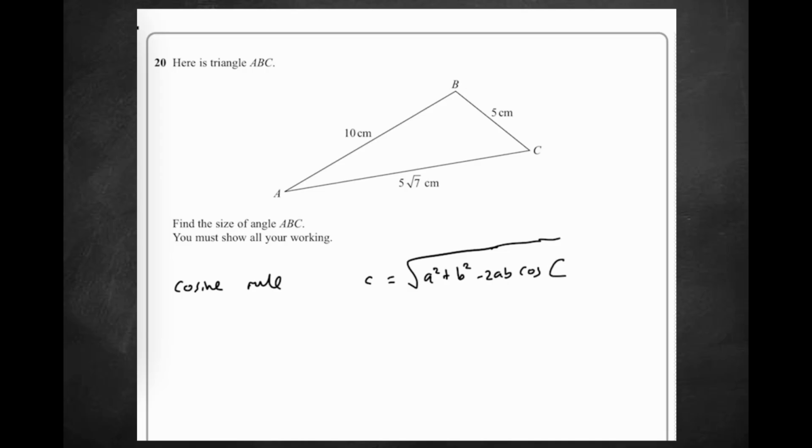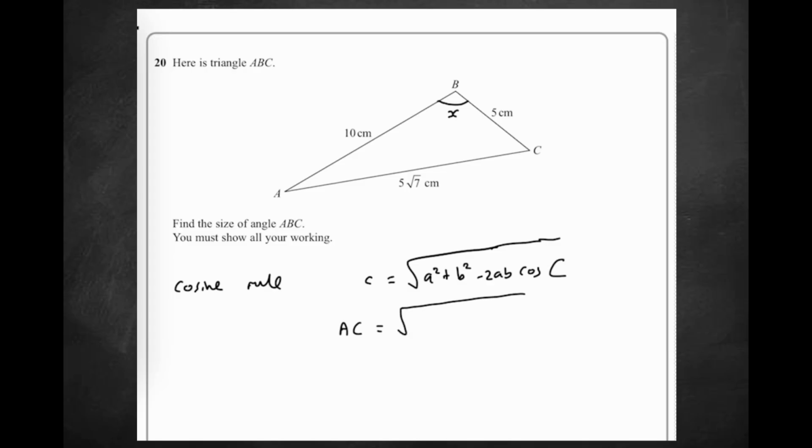So if I implement that into our equation, we want angle ABC, so we want this one here. We'll of course call it x. So I'll adapt my cosine rule to say side length AC that we already have. So we'll say AC equals the square root of a squared plus b squared.